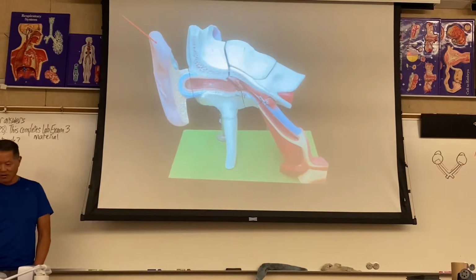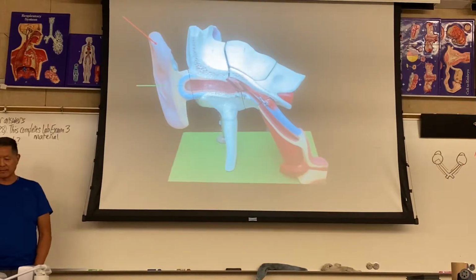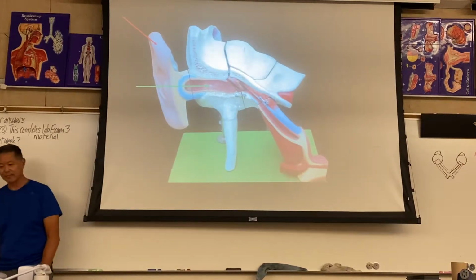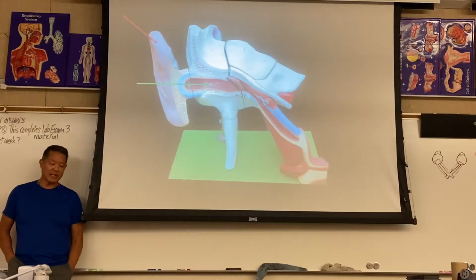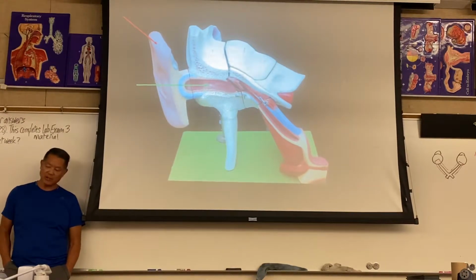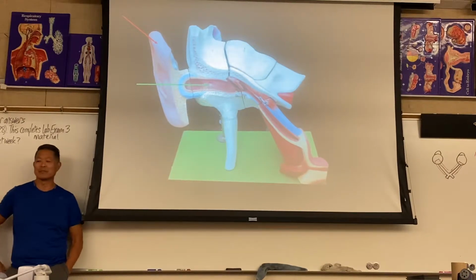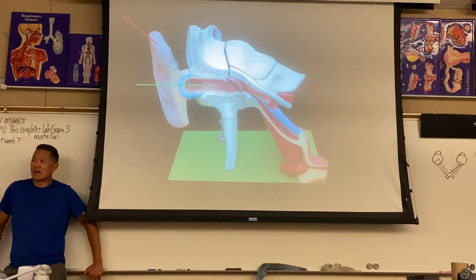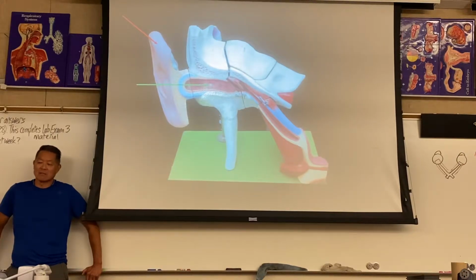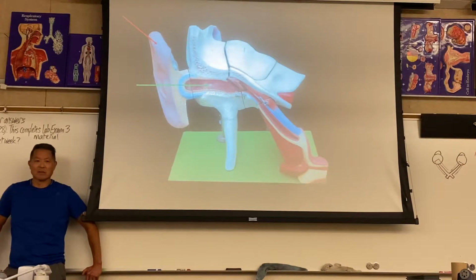This is the pinna or auricle in red. Green is the external auditory or acoustic, and now you want to say canal, not meatus, because now it has cartilage, skin, and earwax. Auditory or acoustic, but your third word should be canal.